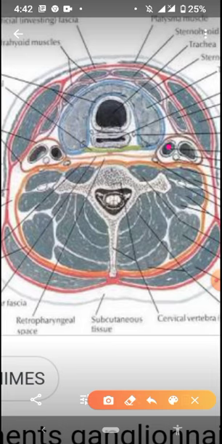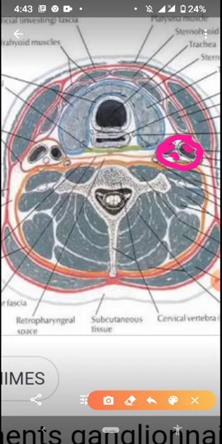You can see the common carotid artery, this one is the internal jugular vein, and this is the vagus nerve. Here are also the deep cervical lymph nodes. These are the four contents present inside the carotid sheath.